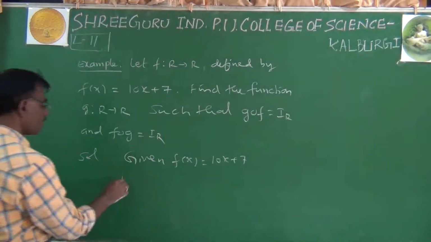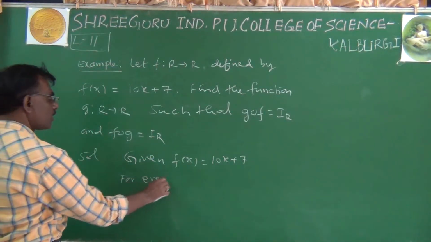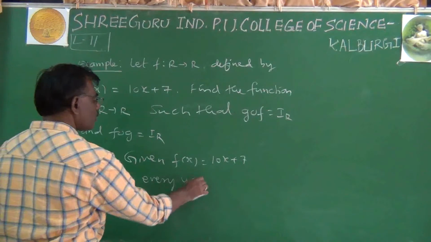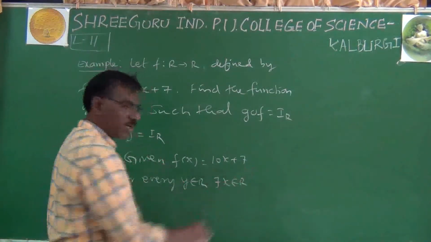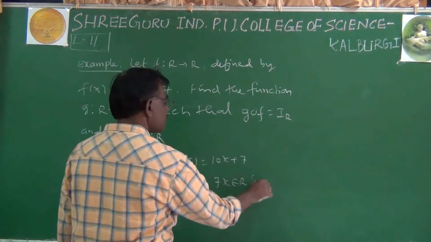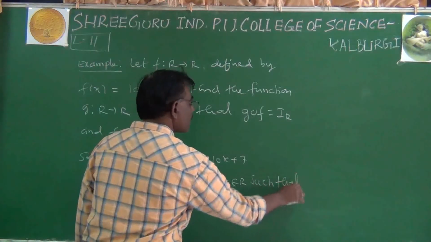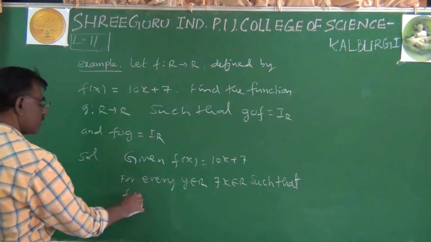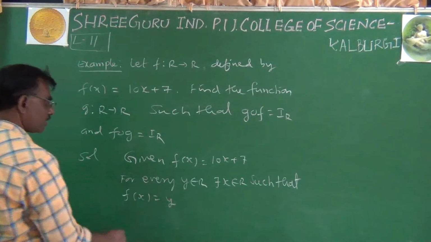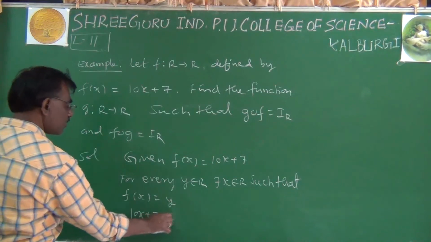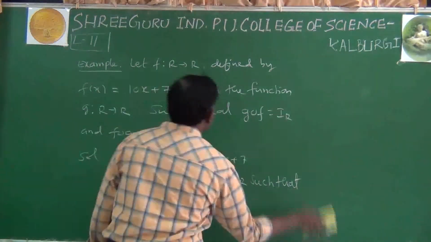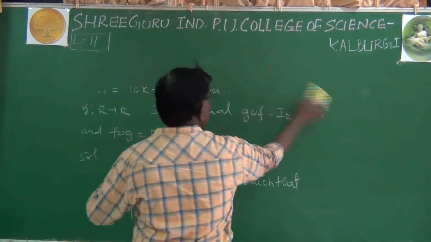For every y belongs to R codomain, there exists x belongs to R domain such that f of x equal to y. So what is f of x? 10x plus 7 equal to y.